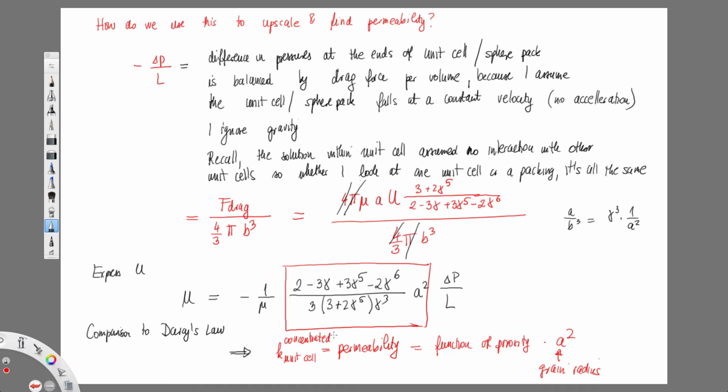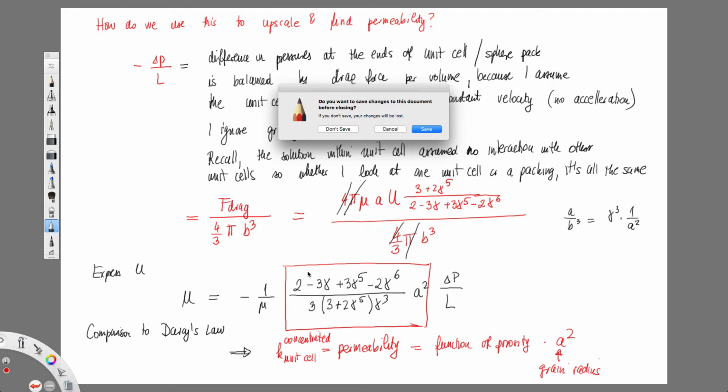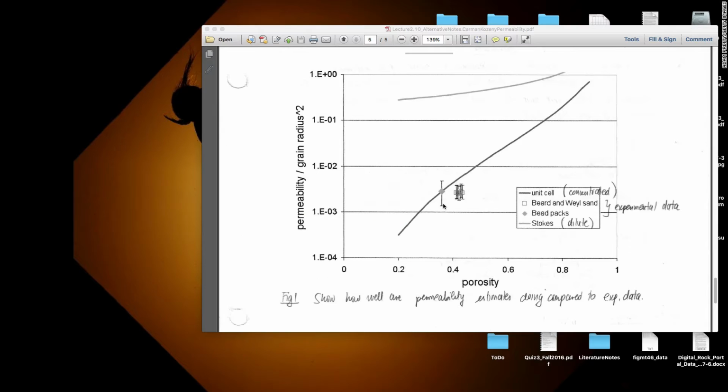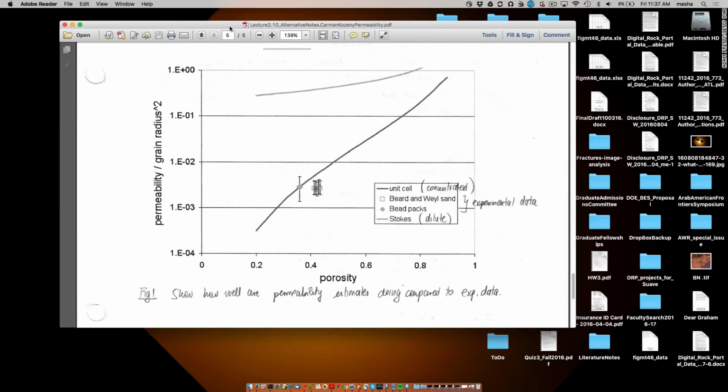So I'm actually going to show you a graph, okay? So this here is this unit cell. I simply plugged in values of porosity. I computed gamma based on that. And this is normalized per grain radius.